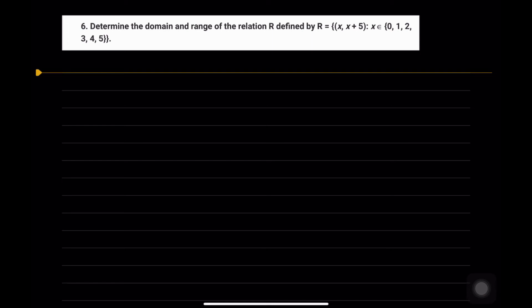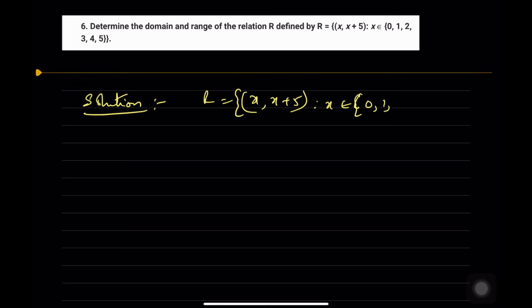Next problem. Determine the domain and range of the relation R defined by the set of all x comma x plus 5, where x belongs to 0, 1, 2, 3, 4 and 5. So here it is clearly given what R is. The relation is R equal to all the ordered pairs x comma x plus 5 where x belongs to 0, 1, 2, 3, 4 and 5.